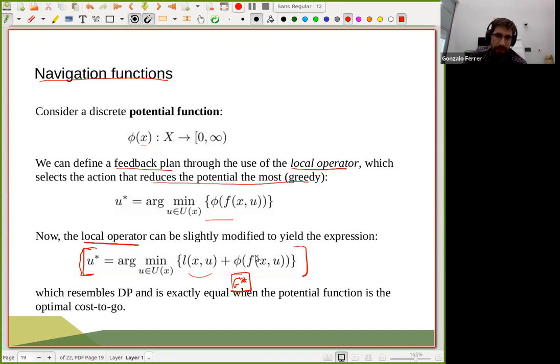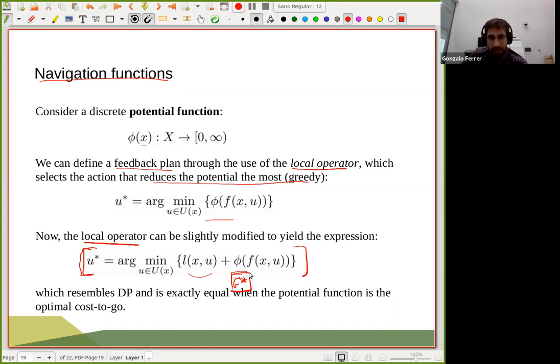So what is the interesting thing about this? Maybe we don't need to calculate the optimal cost-to-go function. Maybe we just propose a function that is similar. And now we are going to discuss exactly how this should look. Maybe the optimal cost-to-go is very expensive to calculate, so this is a way of calculating a surrogate of it.